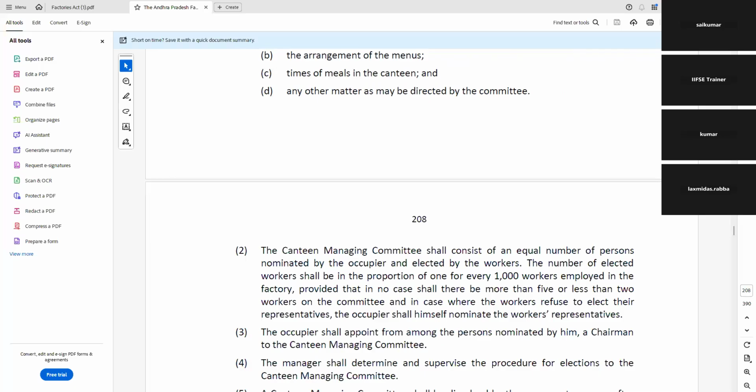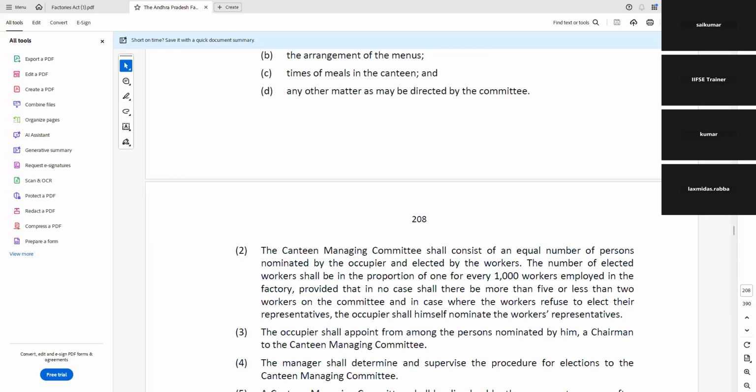The canteen committee shall consist of an equal number of persons nominated by the occupier and elected by the workers, and the number of elected workers shall be in the proportion of 1 for every 1,000 workers employed in the factory, provided that in no case shall there be more than 5 or less than 2 workers on the committee. In case the workers refuse to elect their representatives, the occupier shall himself nominate the workers' representatives.